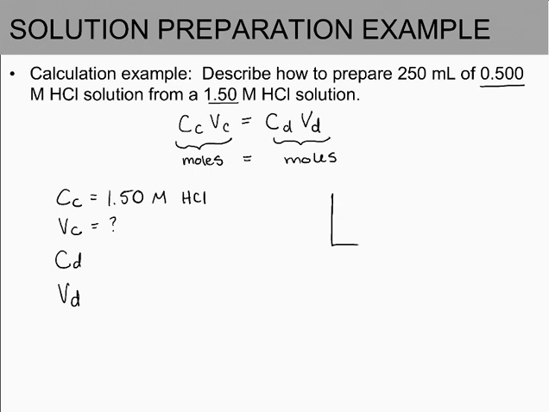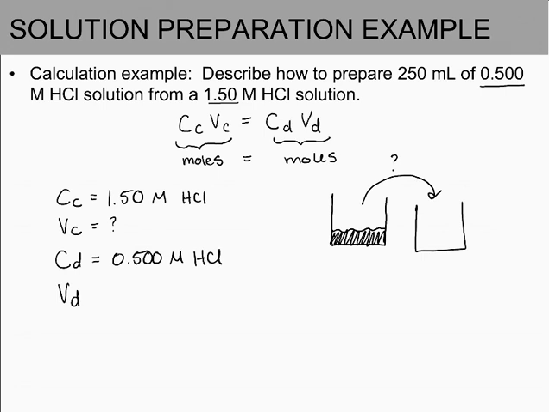So if we draw a picture, we're drawing our concentrated solution, and then we're going to transfer a portion of that. How much are we going to transfer? How much of that original solution do we need? All right, now for our dilute solution concentration, we're told that it is 0.5 molar HCl.